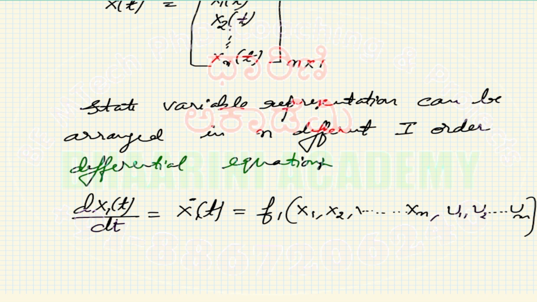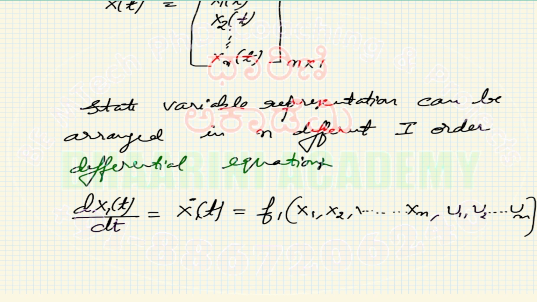Also, you may have different inputs. From one side you get a voltage, on the other side you are feeding a current to the circuit. All those values will also change the state of your variable. The voltage across that capacitor might change depending upon u1, u2, up to m number of inputs you are taking from different sides to the circuit. So dx by dt, the change of your state variable, depends upon all of them.